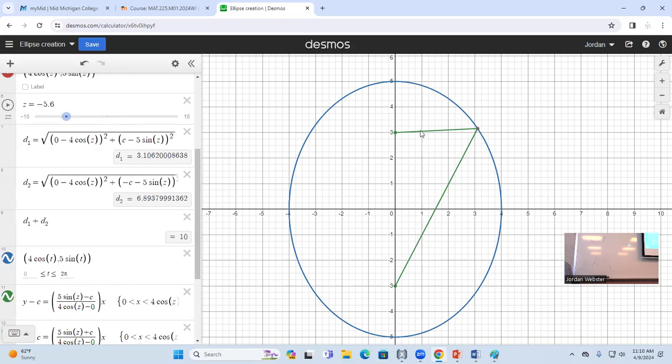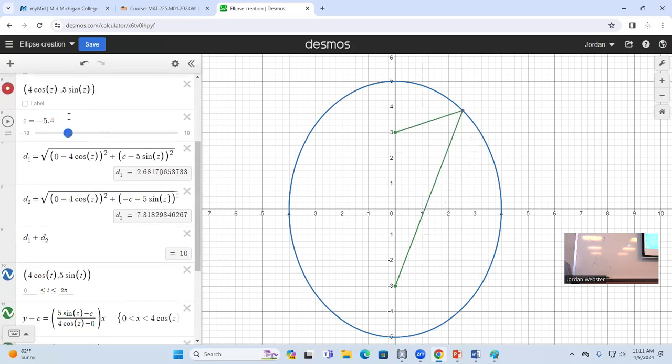But if you add these 2 distances up, you actually get a 10. So the distance to the upper focus is about 3.106. The distance from the point to the lower focus is about 6.894. Adding those 2 distances up gives me a total distance in green of 10. Now watch what happens if I move the point around.